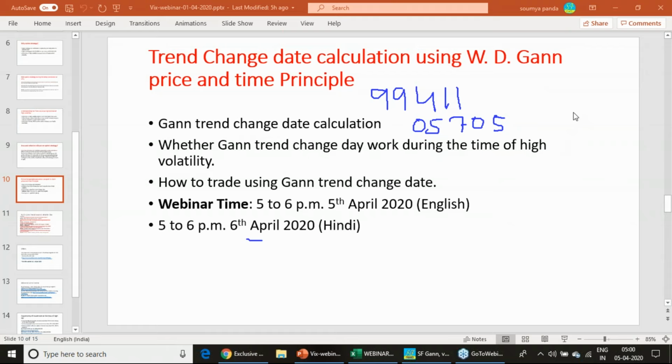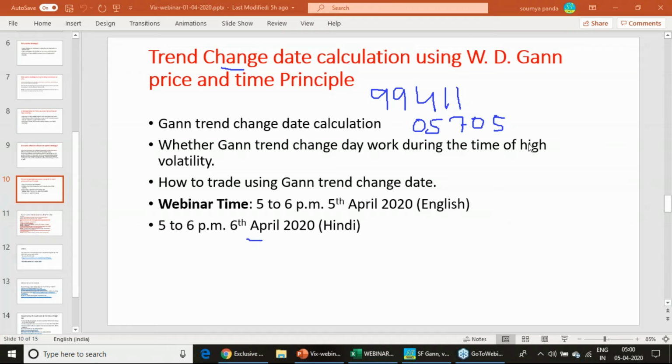Start the session again, and this is the subject of the day: trend change date calculation using the WD Gann's price time principle. So this is the thing we are going to learn today. And for more than 1 year, I have created the record, evidence, proof in an Excel sheet.